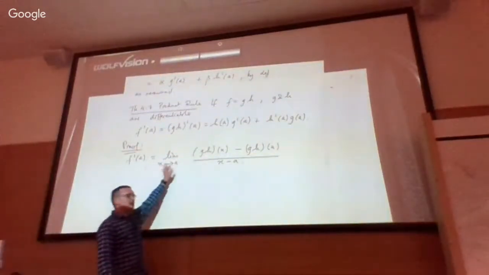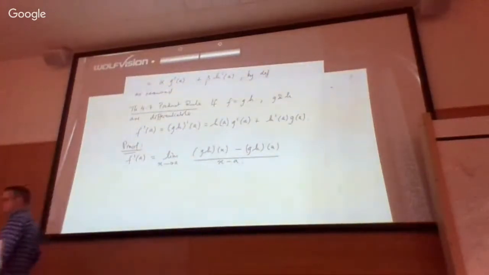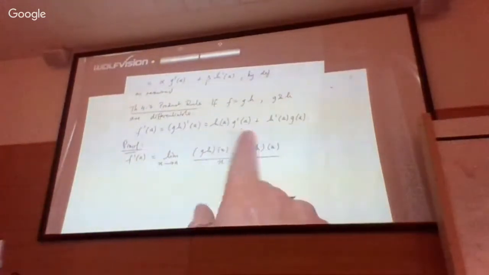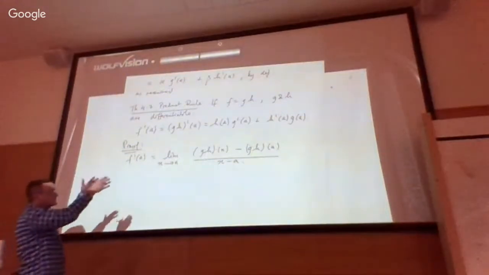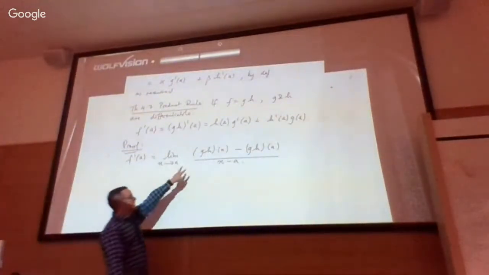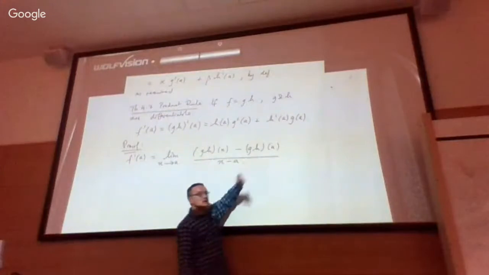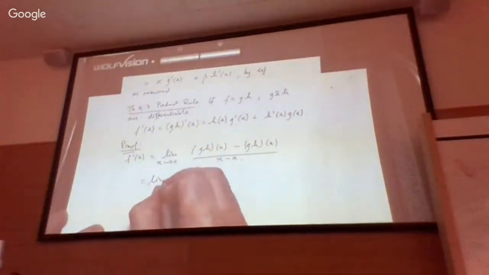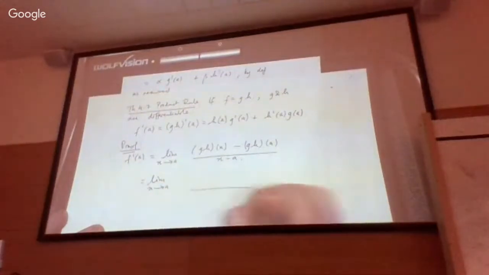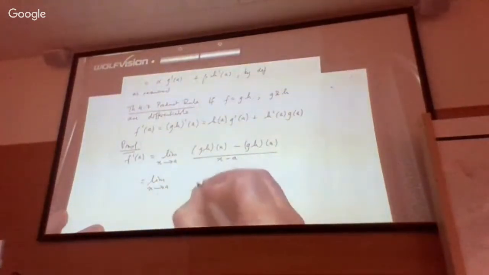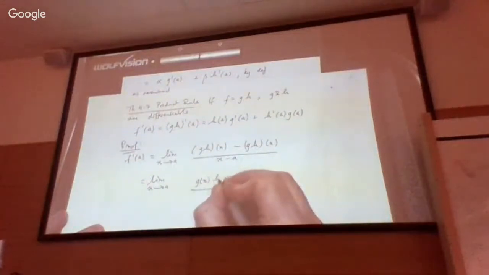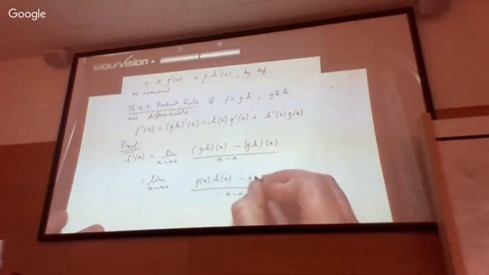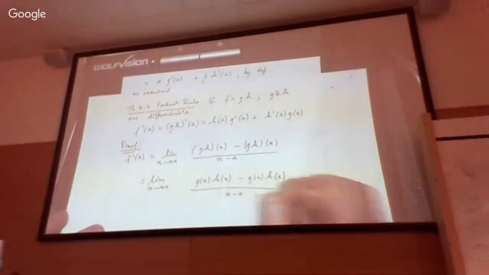You can't hope to evaluate the limit yet. And looking at the destination, we've got individual bits evaluated at a, so we definitely do want to expand these brackets and evaluate the product function. So this is g of x, h of x, minus g of a, h of a.